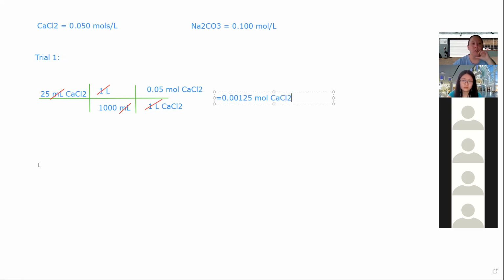Okay, so we are also starting with 25 mils of Na2CO3. So now we have to figure out how many moles that is going to be. So we're going to do the exact same thing. So the first step is converting milliliters to liters. So for every 1 liter, there is 1,000 milliliters. But our concentration is different this time.